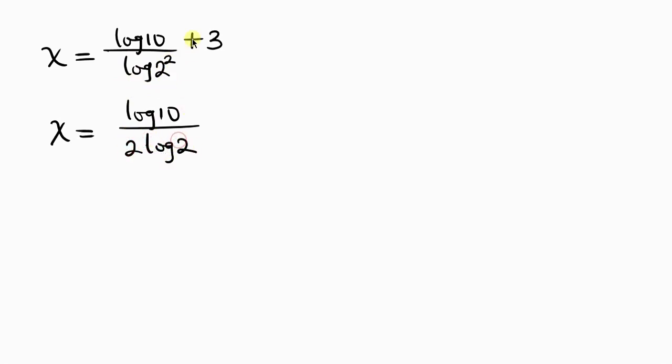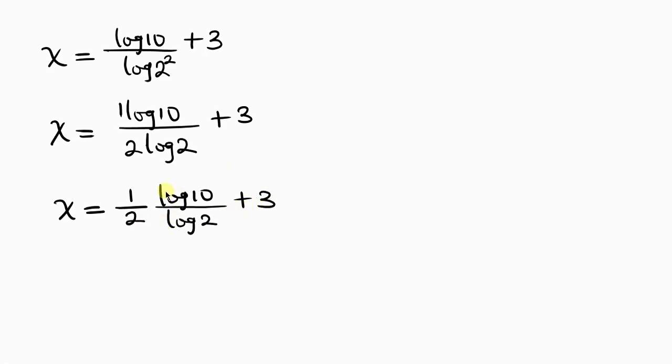Very good. Plus 3. Well, this expression is same as writing 1 over 2 because there is an invisible 1 here. So this is 1 over 2 times log 10 all over log 2 plus 3.